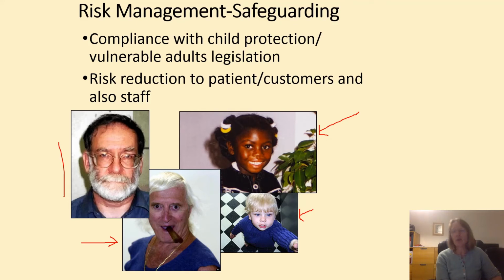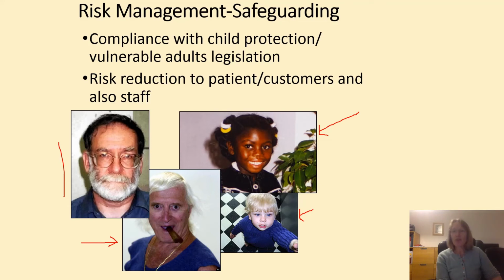And we have to go through extensive training up to a certain level. Pharmacists have to do level 2 training in a community pharmacy. All the other staff members have to do level 1, so that we can identify children or vulnerable adults that may be suffering at the hands of various people who might be maltreating them.